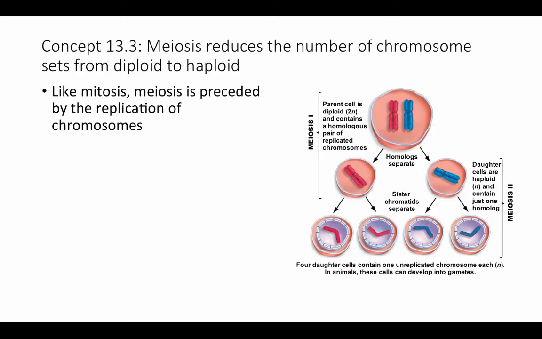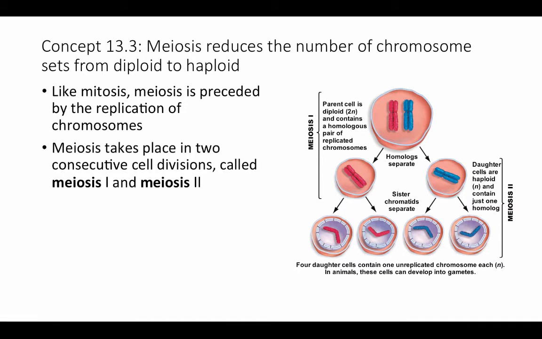So let's take a look at the details of how meiosis happens. So meiosis reduces the number of chromosome sets from diploid to haploid, from 2 sets to 1 set. So like mitosis, meiosis is preceded by the replication of chromosomes. So for each homologous pair, we're going to have a pair of sister chromatids.